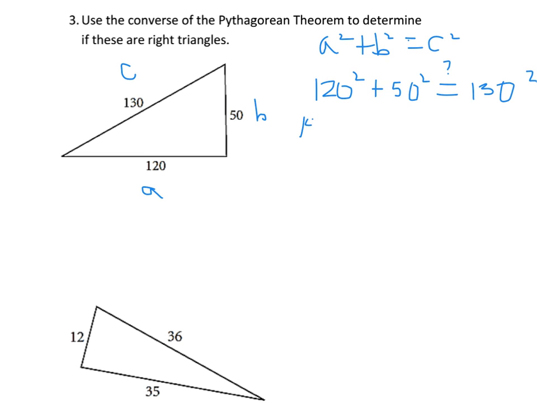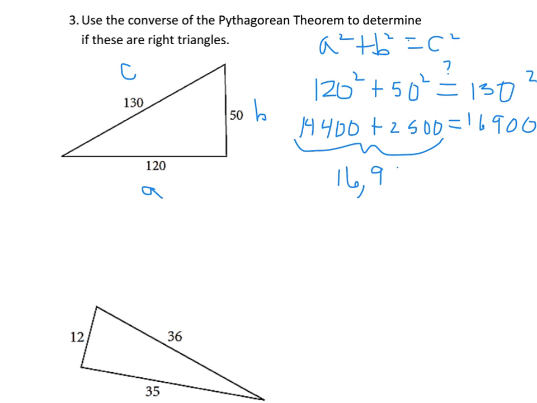So 14,400 plus 2,500 equals 16,900. And then if we add these two together over here, combine like terms, 16,900, which does equal 16,900.